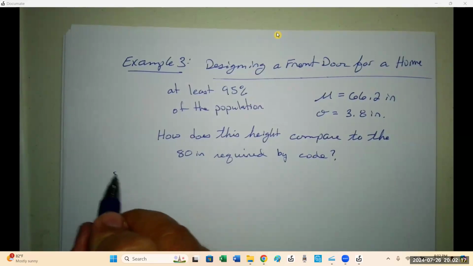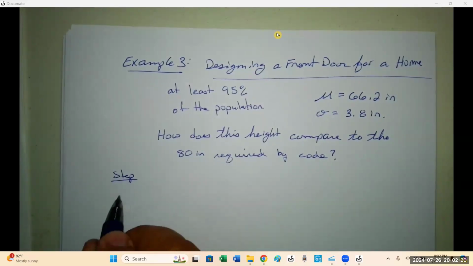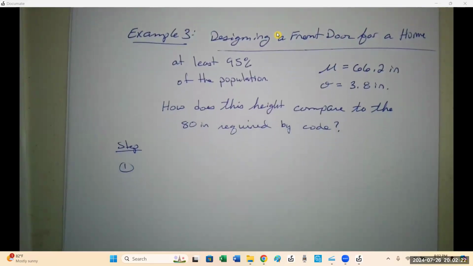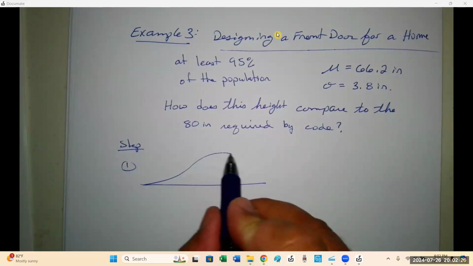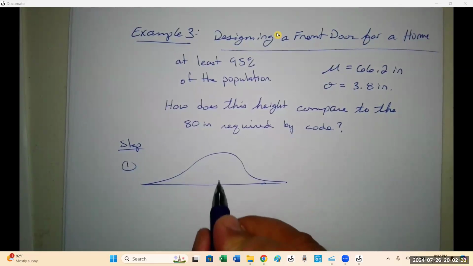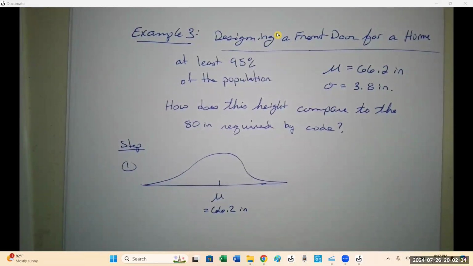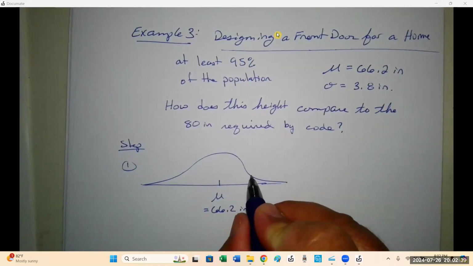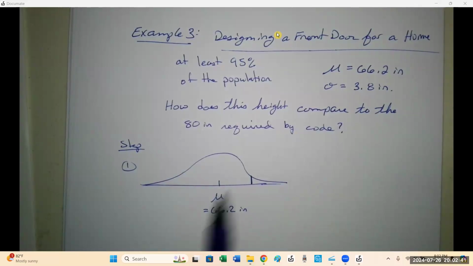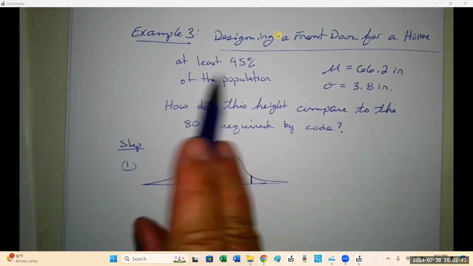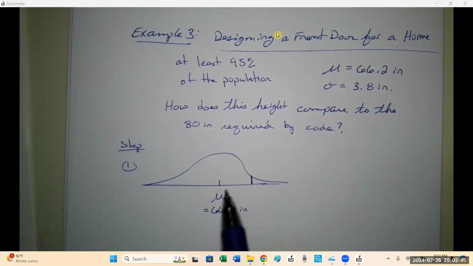So first step is draw the graph. The mean is in the middle, and we know the mean is 66.2 inches. We want our doorway to fit at least 95% of the population.